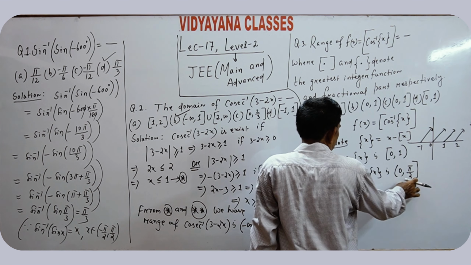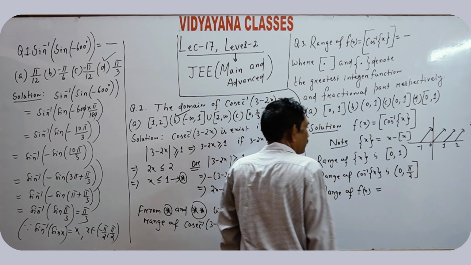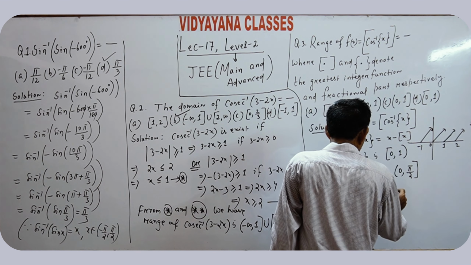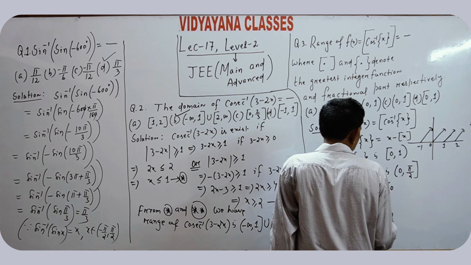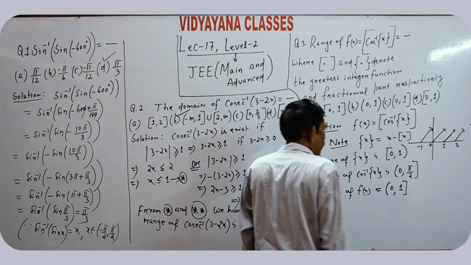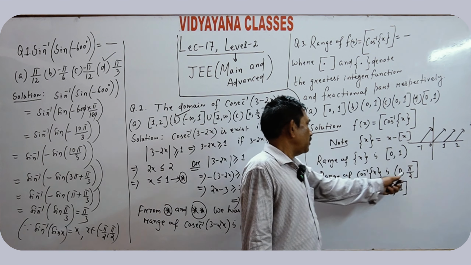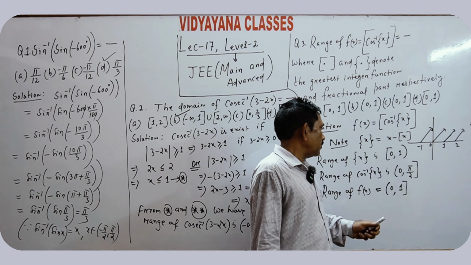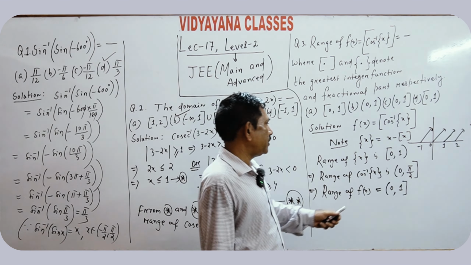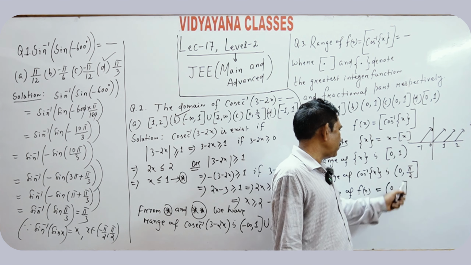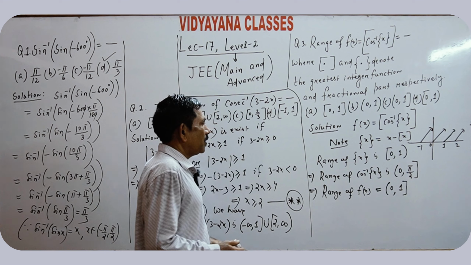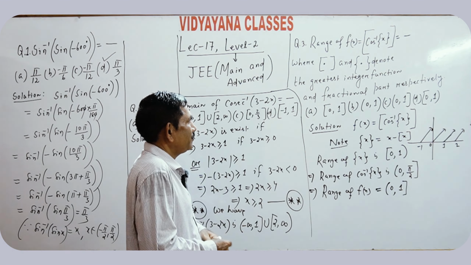The bracket of this interval, open 0 and pi by 2 closed, where pi by 2 is 22 divided by 14. Its bracket value is 1, and the bracket value of 0 is 0. So the range is open 0, 1 closed. Clear?